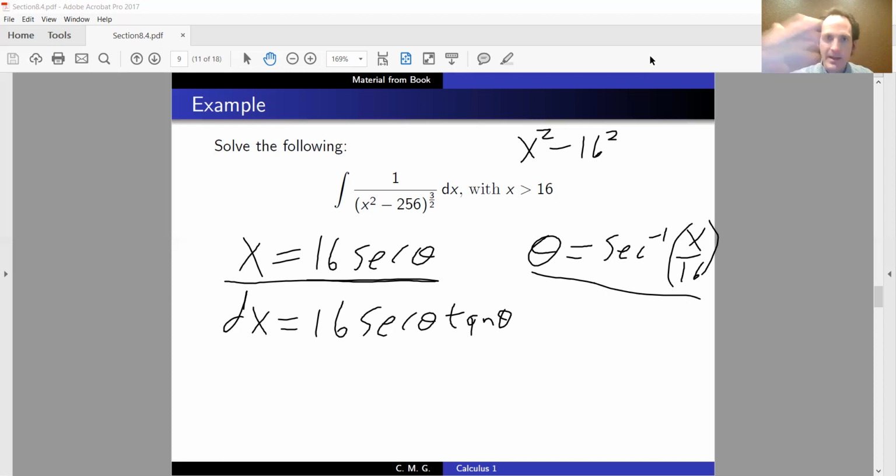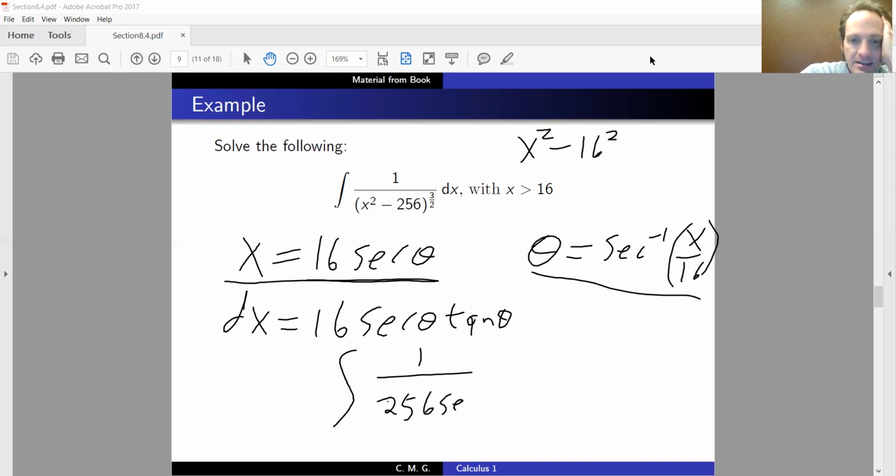Okay. So let's try it. So let's make the substitution. So I go ahead and make the substitution. What do I get? I get 1 over 256 times secant squared theta minus 256 raised to the 3/2 power in the denominator.